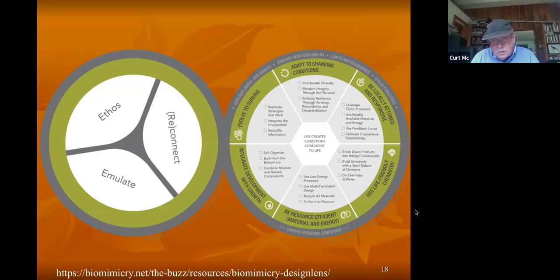There's, I think, 4 larger ones around the outside, and then many more in the middle. But the really critical thing is in the center, which is life creates conditions conducive to life. And this is Bucky's nature's endlessly root. So this is a very powerful thing and very useful.